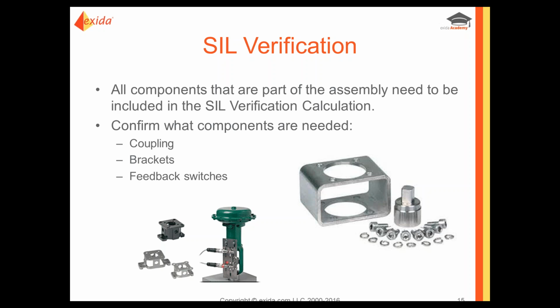But if you've done your SIL verification calculations taking credit for partial valve stroke testing or an automated proof test, and you're counting on those feedback switches to be there, then whatever it takes to mount them and the switches themselves need to be included in the calculations. And it could be switches or it could be a position feedback device. So that's an important step to ensure occurs.